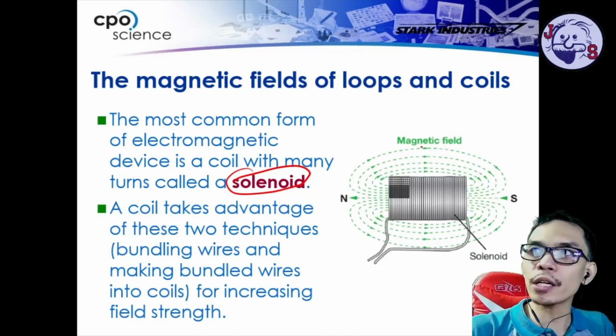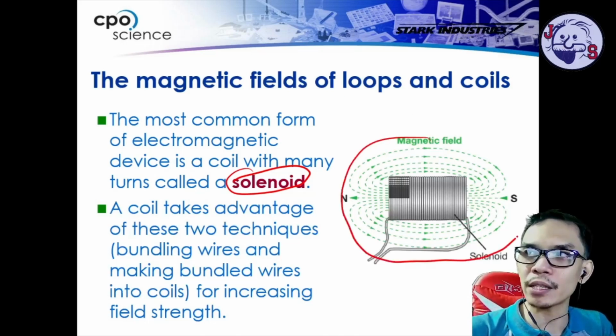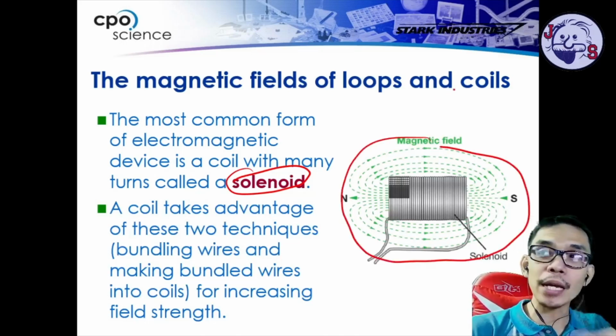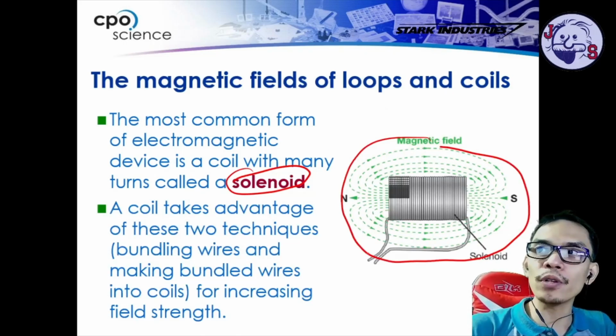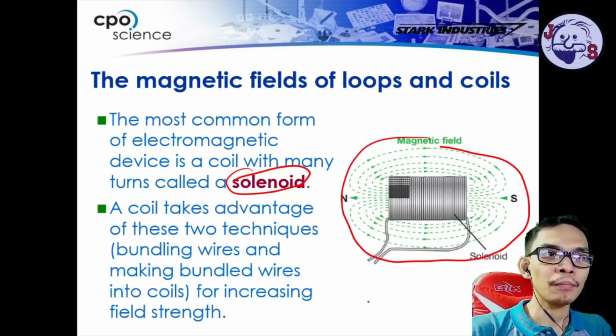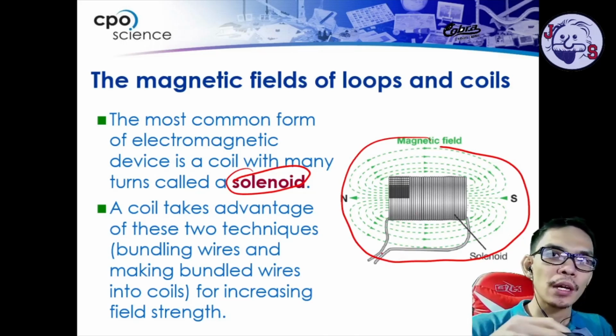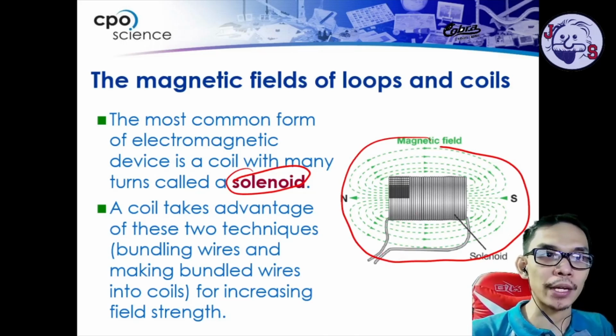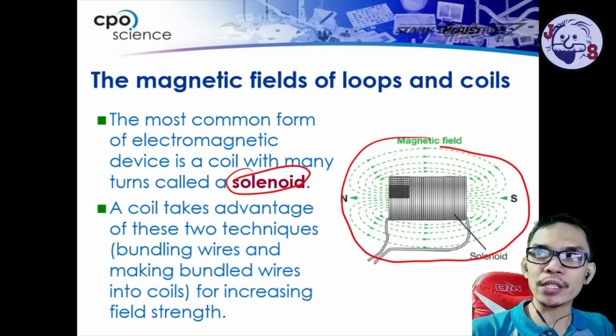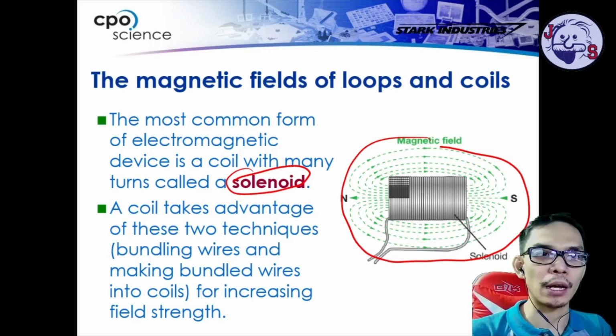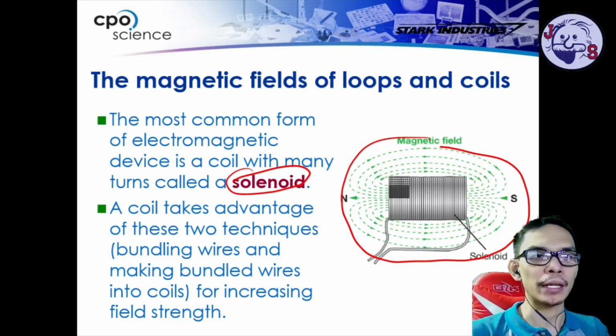This solenoid has a concentrated magnetic field, and aside from that, it uses only one wire. We didn't add another wire in the process, so we strengthen the magnetic field without the addition of another wire.